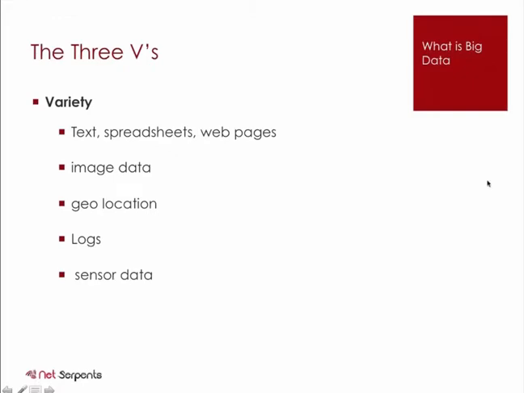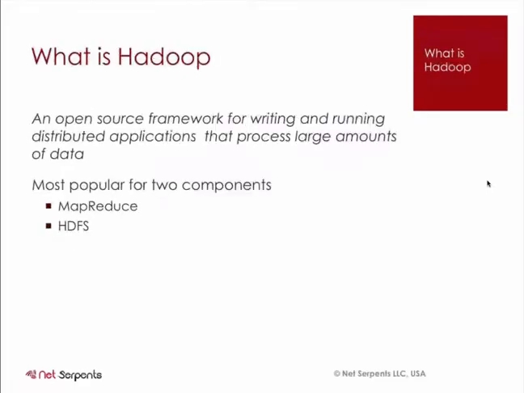Yeah. Okay, good. So now, having talked about big data, we come to what's Hadoop. Hadoop is an open source framework for writing and running distributed applications that process large amounts of data. There are several things in this small definition. One is that it's open source, which makes it freely available.